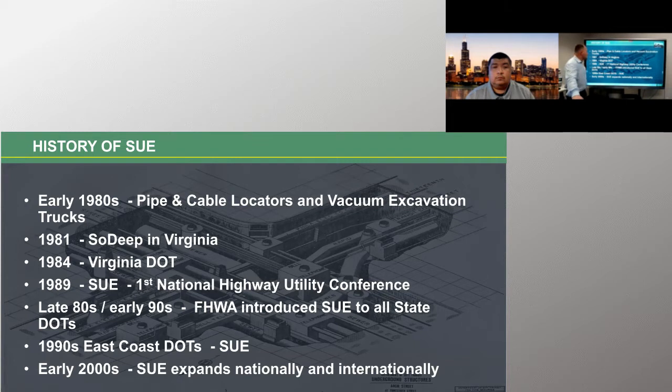In 1989, SU was first introduced at the first National Highway Utility Conference, and then late 80s and early 90s, Federal Highway Administration introduced SU to all the state departments of transportation. In the 1990s, East Coast DOTs started using SU more profusely, and in the early 2000s, it spread nationally and internationally.